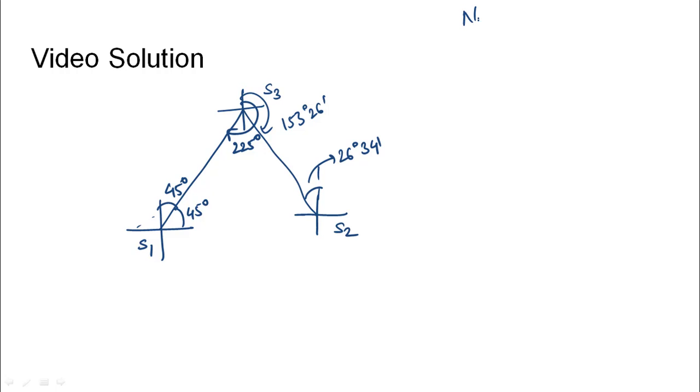So comparing firstly northings for station S3. For station S1, easting and northing are given as 500, 500, and for station S2 they are given as 600 and 450.